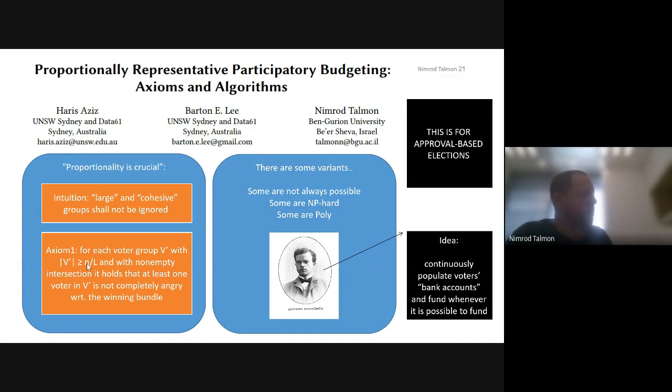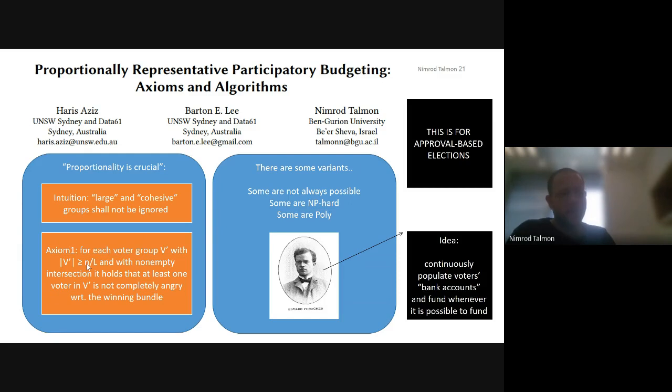So basically, it means that, for example, if there is a big minority, such that if you consider only this minority out of the total budget, they shall correspond to at least something, so at least N over L of the budget. So for example, 10% of the population should be enough. And so this is one thing, that this minority should be big enough.